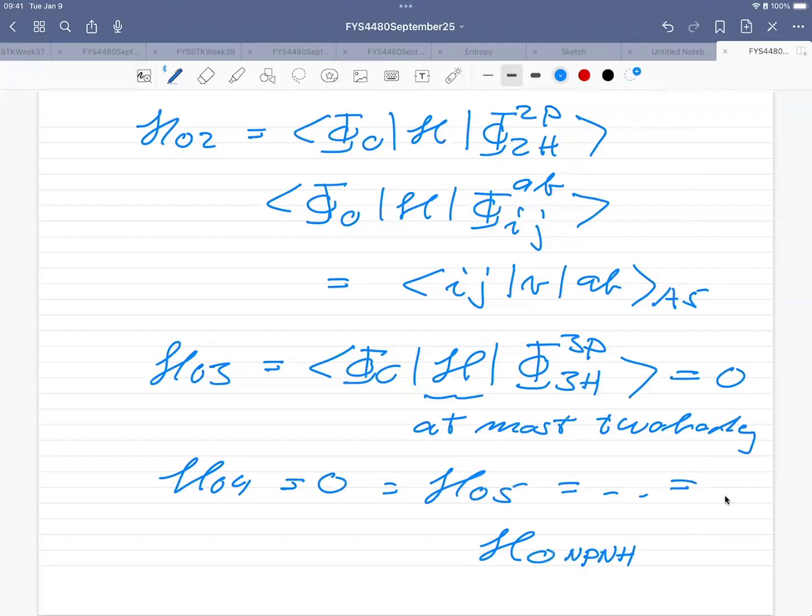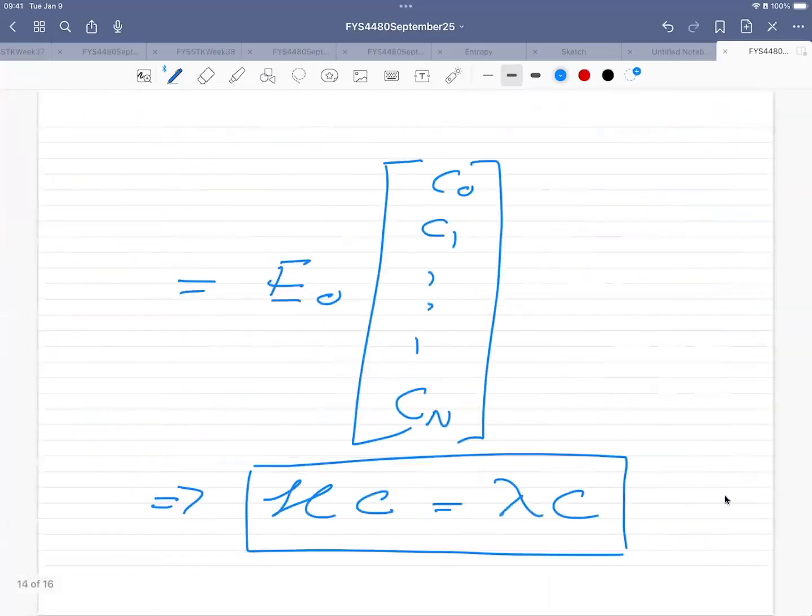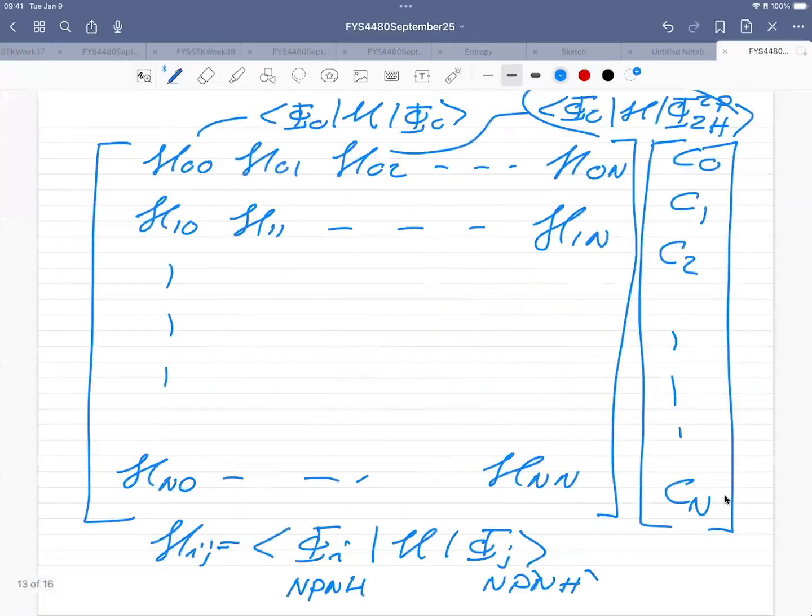Now then, we could continue with the next case. If you go back to this Hamiltonian matrix, we have assumed that this is a Hermitian operator. That means that these guys will be the same. Here, we would need to calculate explicitly matrix elements, and that's going to be an exercise later.